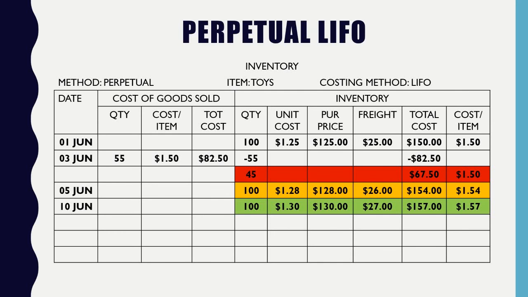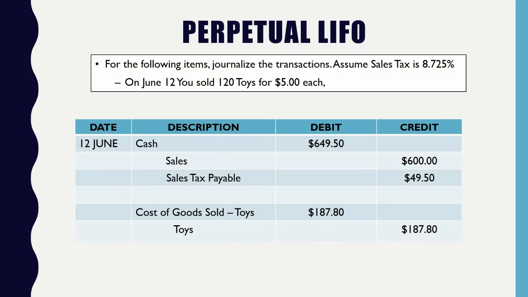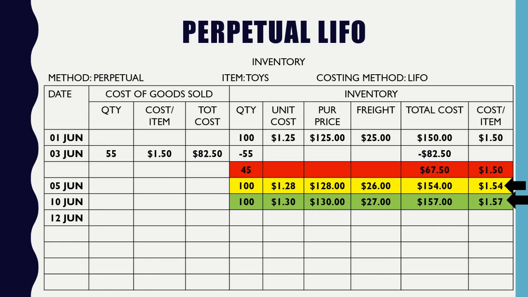My next scenario is that on June 12th, I sold 120 items. Which batch am I going to take out from first? We're going to eliminate the green batch, and we're also going to dip into our second batch, the yellow batch.